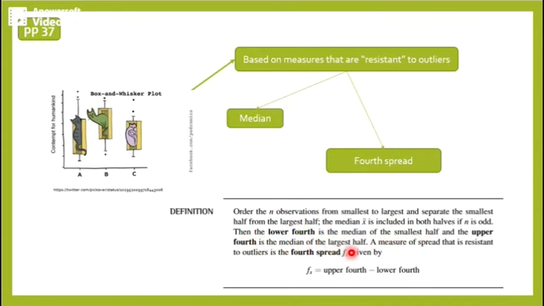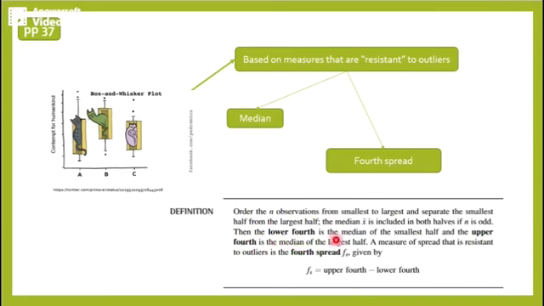Remember, in the previous lecture where we handled the measures of location, we had a look at the quartiles, and I explained that the quartiles split the data into 4 equal parts. So this is exactly what we are doing here, just in other words.